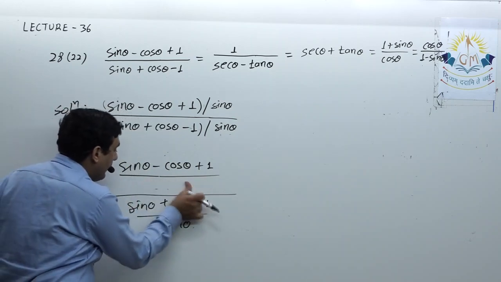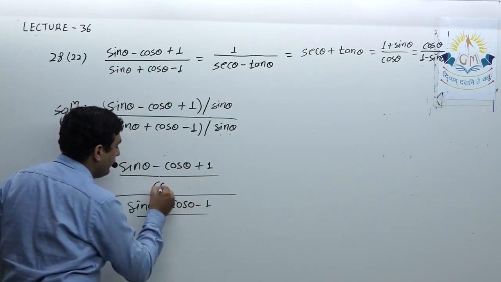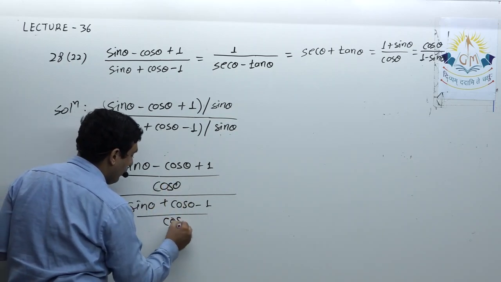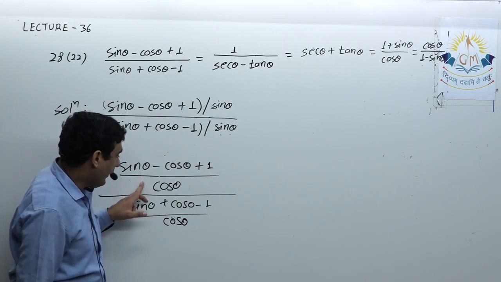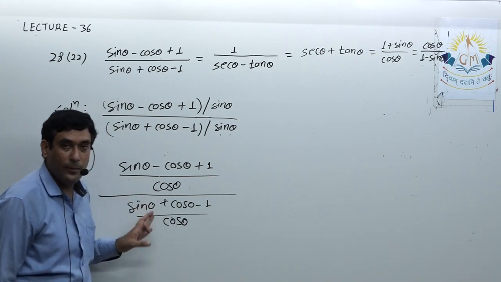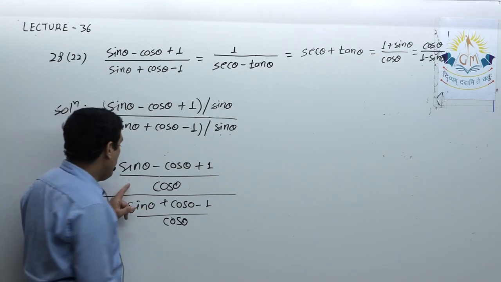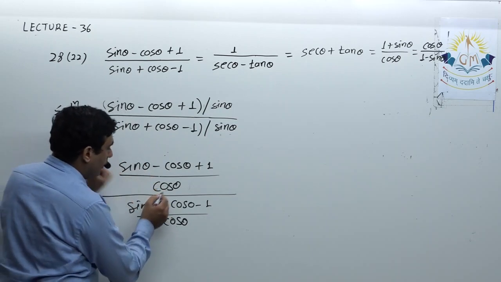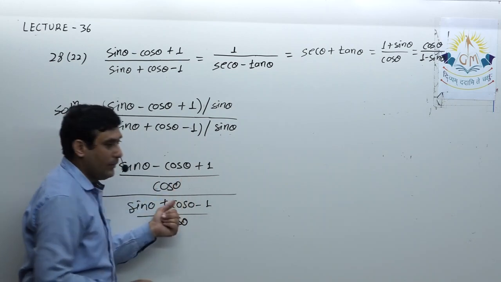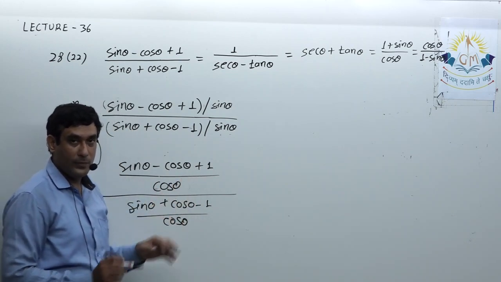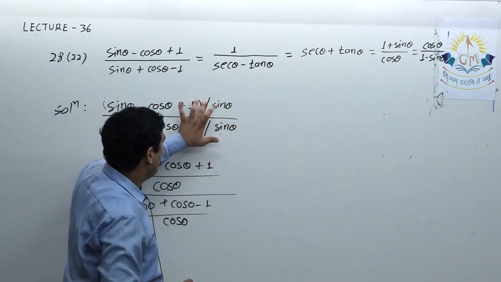That means I have to divide the numerator and denominator by cos theta. By doing so, I will get sin upon cos, cos upon cos that is 1, 1 upon cos that is sec theta.